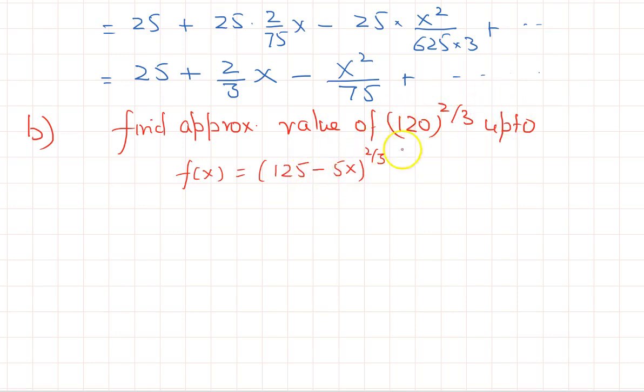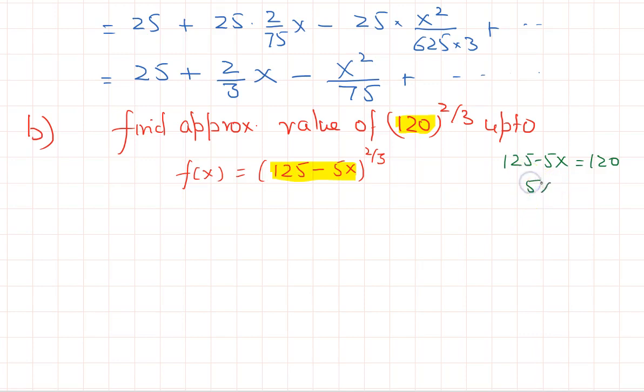Part B is to calculate the approximate value of 120 to the power 2 over 3. Now here we have 120, and f(x) is equal to 125 minus 5x. So 125 minus 5x is equal to 120.